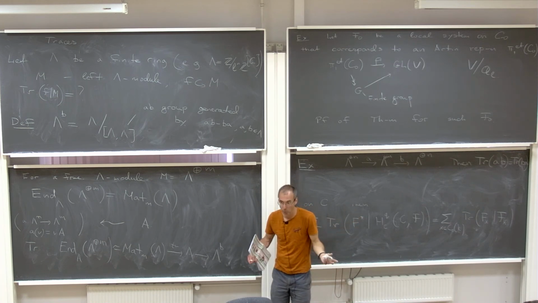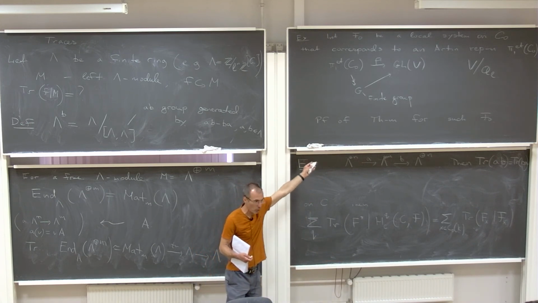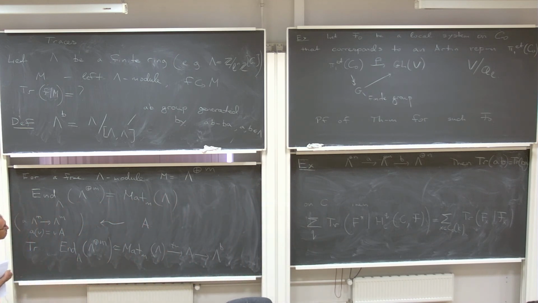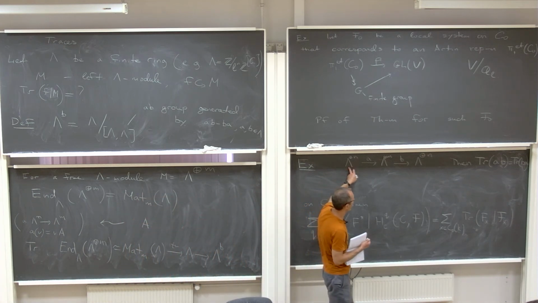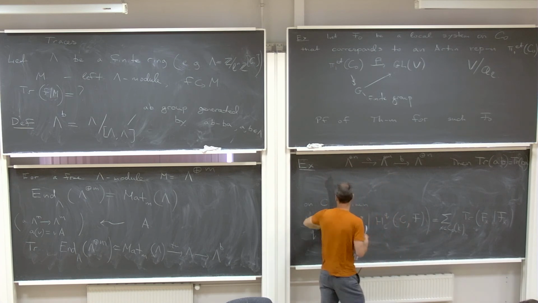I need to take the quotient modulo the commutator. But if I do this, then the usual computation with matrices shows that this is true. Right? So this is an endomorphism of this guy, another is an endomorphism of this. Its trace is still well defined. Okay.